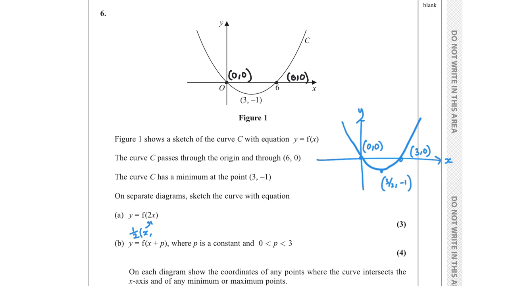So if we're sketching this, we know that 0 is less than p is less than 3. If, for example, we were to put f of x plus 3, we know that it's inside the bracket, affects x, we would take away 3. So this minimum point would now be here.